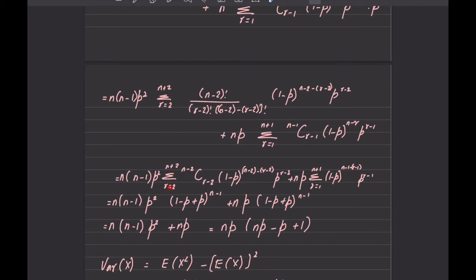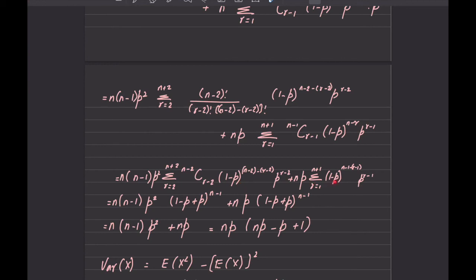Now if you look at the summation term, you would see that this entire summation is actually a binomial expansion of first term 1 minus p, second term p, and whole power n minus 1. So it becomes (1 minus p plus p) to the power n minus 1. In other words, if you expand this entire thing with first term as 1 minus p and second term as p, you will get the same series as in the previous step.